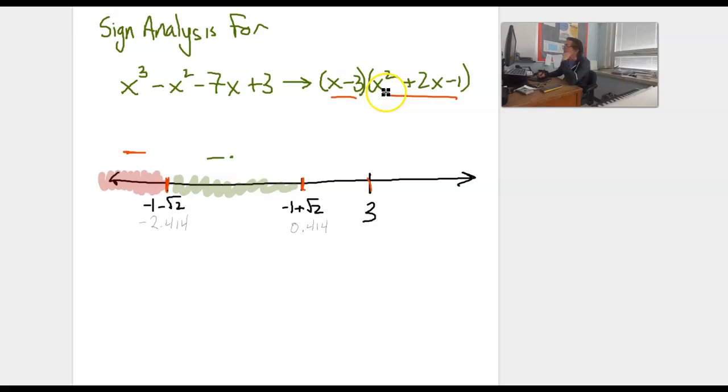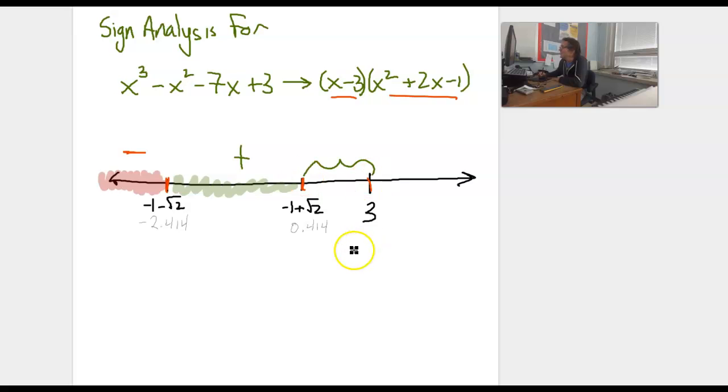And if x is 0 and I square it, that's 0 plus 2 times 0 is 0 minus 1, so it becomes 0 plus 0 minus 1. It's negative as well. So I'd have a negative times a negative, which is positive. So ultimately, this middle portion becomes positive.